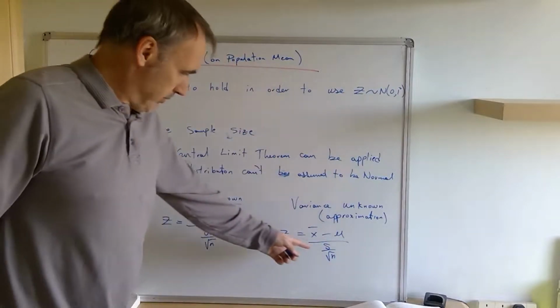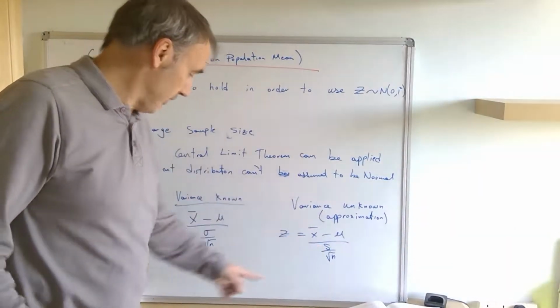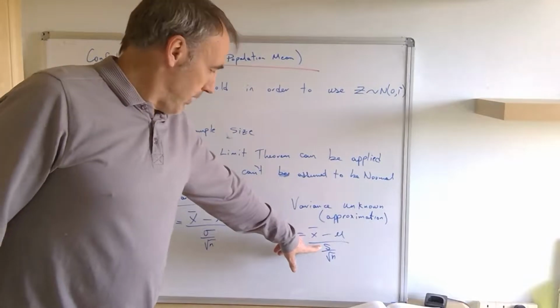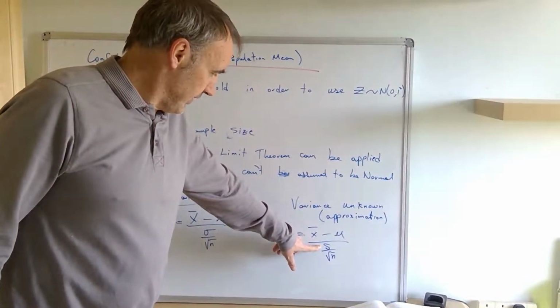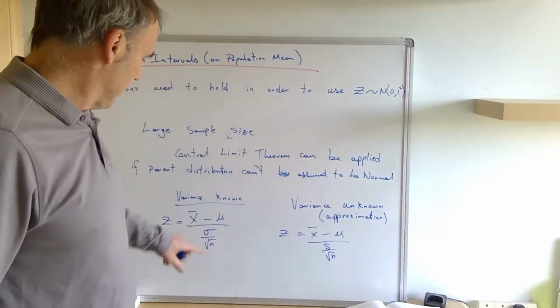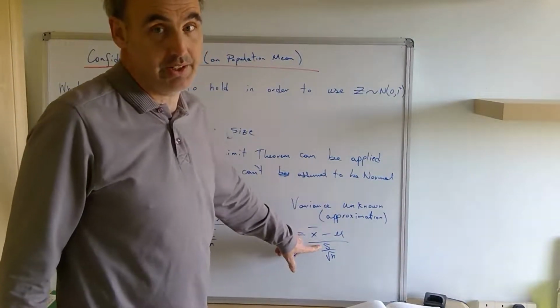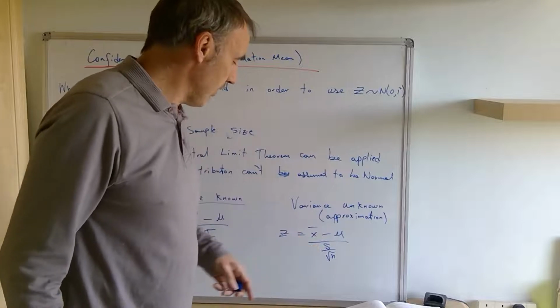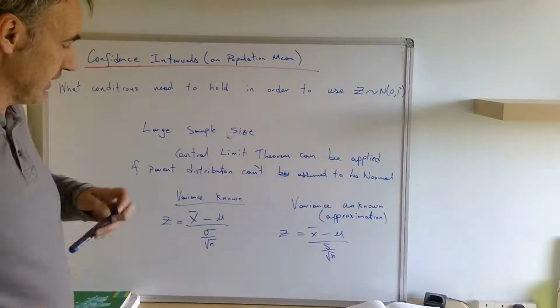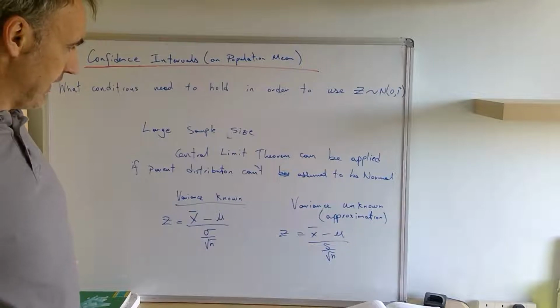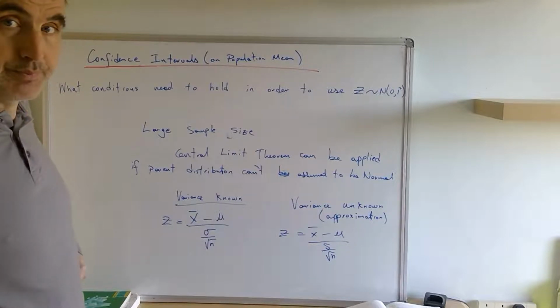In practice, if the sample size is large, there won't be a big difference between the unbiased estimator of the standard deviation and using sigma. But if we've got a sample, we should always use S as a matter of principle, really. So we use S, the sample standard deviation, if the variance is unknown.